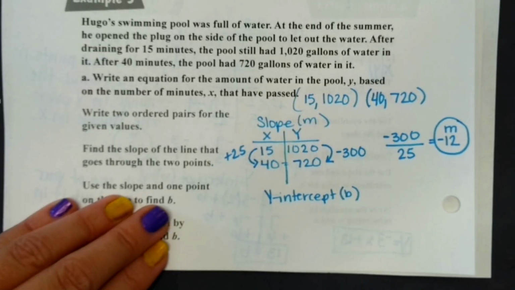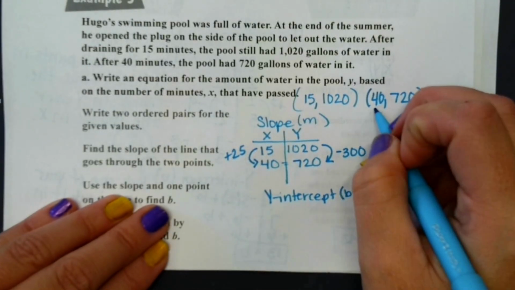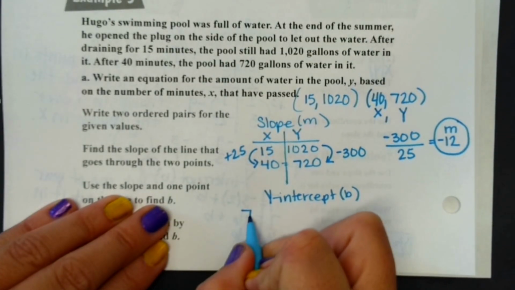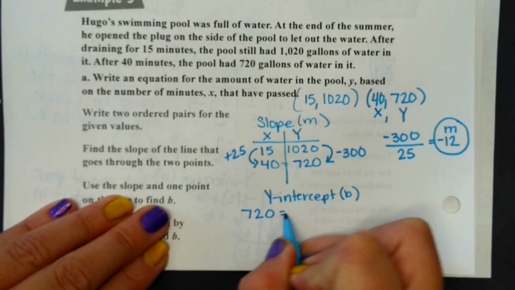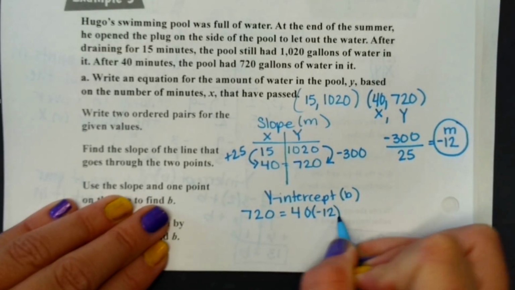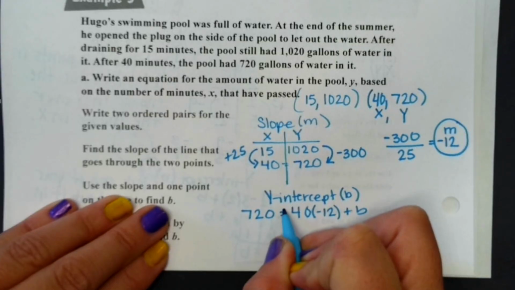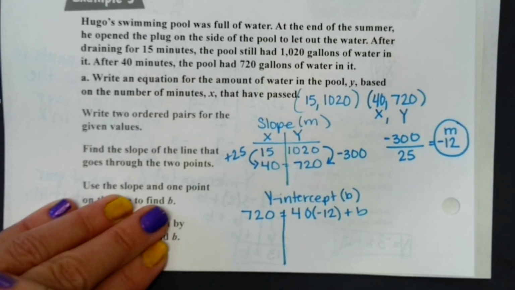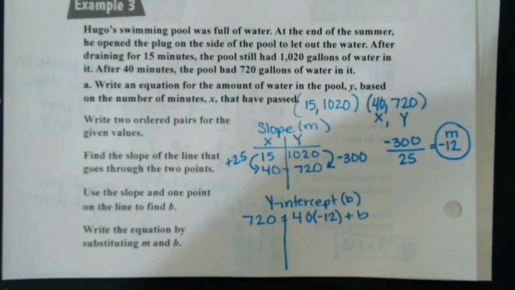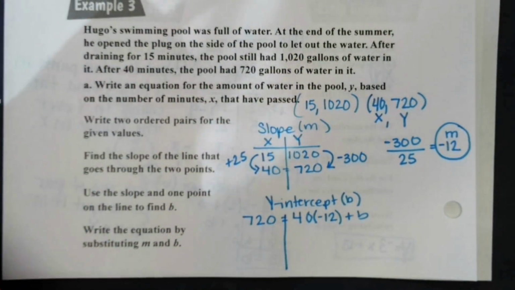They both work. I've been using this one all day. So I'm going to use 720 equals 40 times negative 12 plus b. I want to see if you can find b for me, please. Solve and find b.